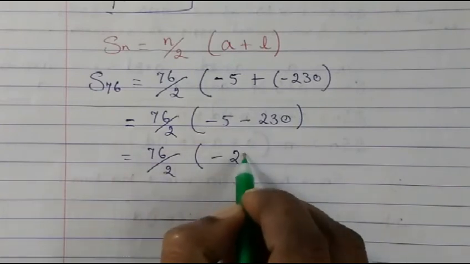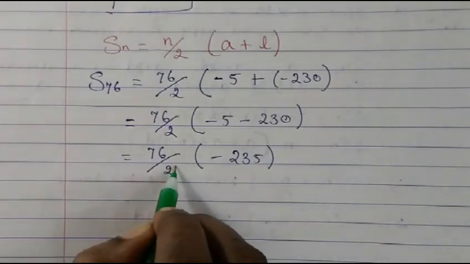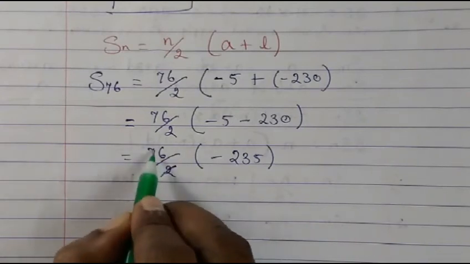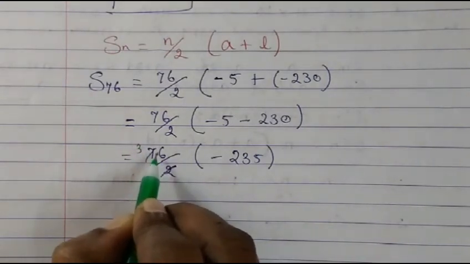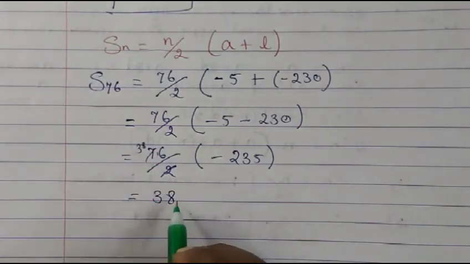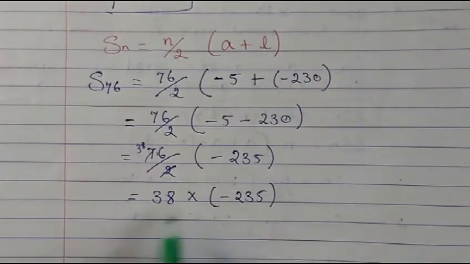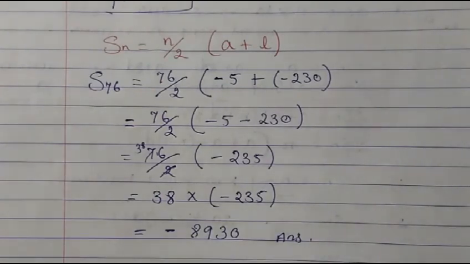So when we add we get 235. So now let us divide this. 2 table, 76 divided by 2 is 38, and then here minus 235. So now you multiply. When you multiply your answer will be in minus because the sign is minus, and the product will be 8930. So this is the answer. That's it. Thank you and God bless you.